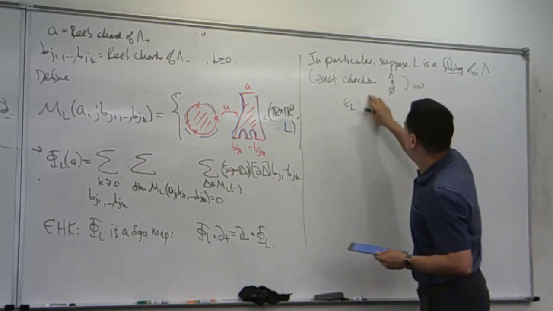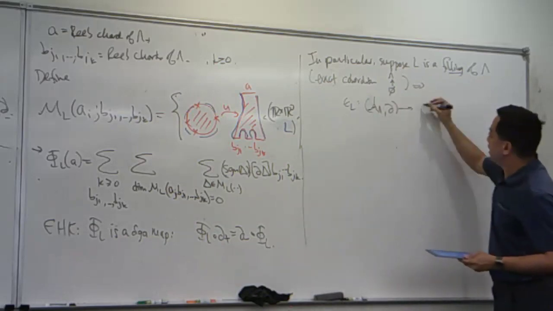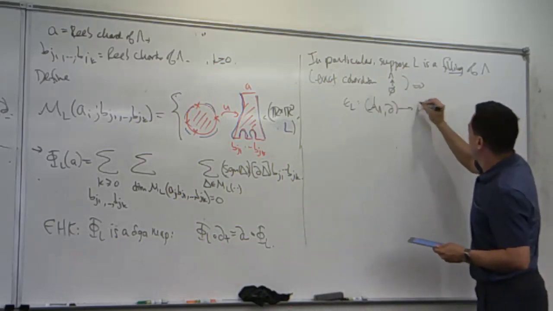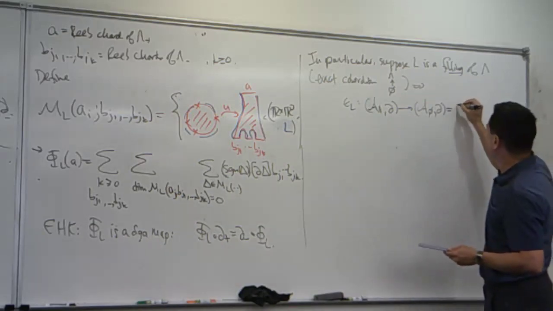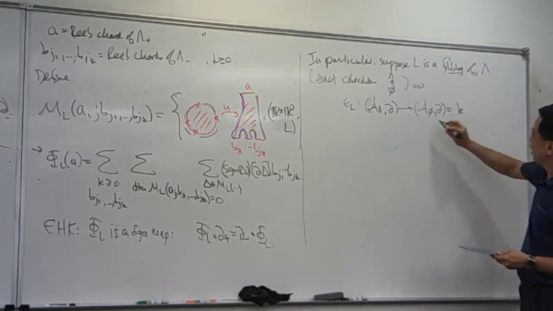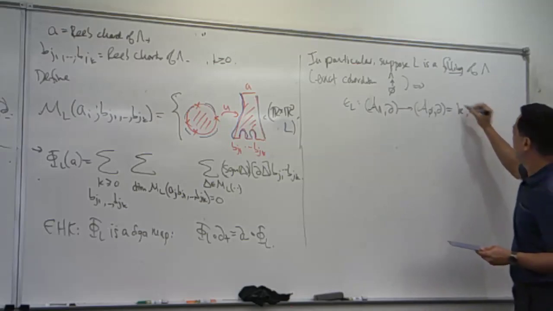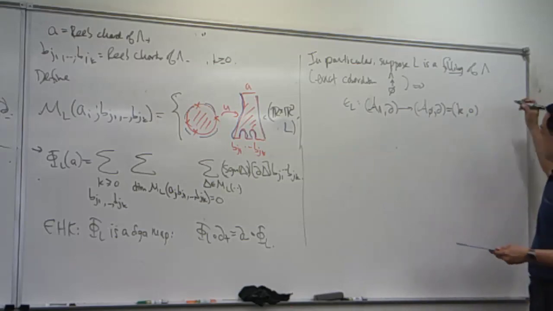So this goes from the DGA of lambda to the DGA of the empty set. And the DGA of the empty set, well, the base field is still K, it just has no other generator. So this is just K with the zero differential on it. And this is exactly an augmentation.